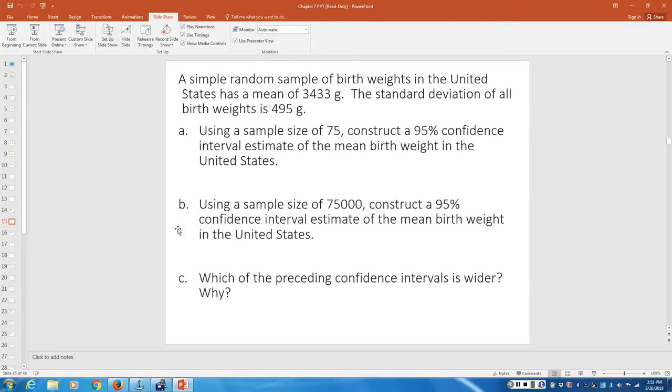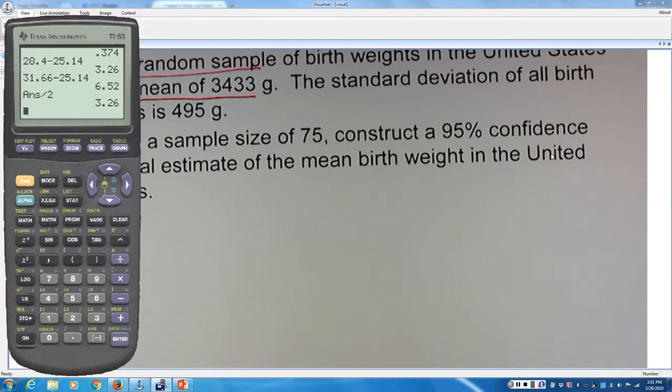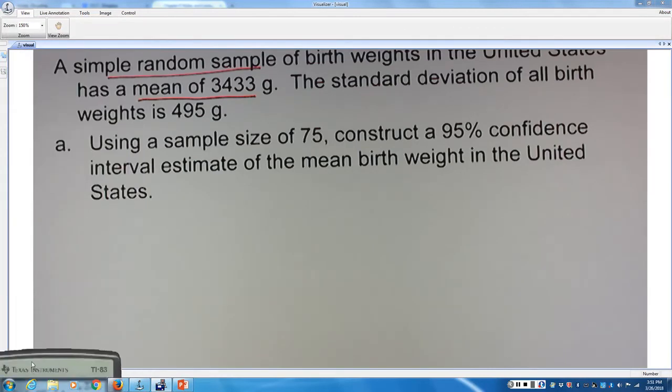So here's how we do that. We go through the problem and we pick out what we know. This is a sample mean.